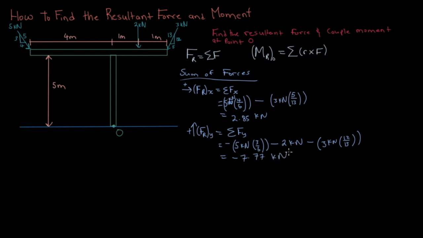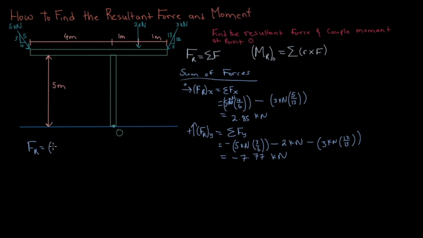Then if we want to write our resultant force, we can write it in two ways. We can write it in Cartesian vector form, which would be Fr, and what we do here is write the different components individually, which is a nice convenient way of expressing a vector.